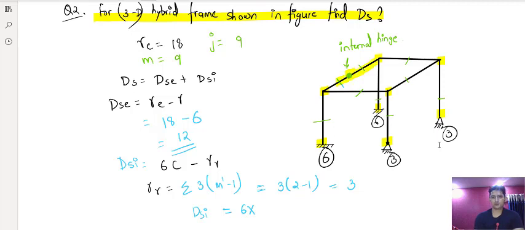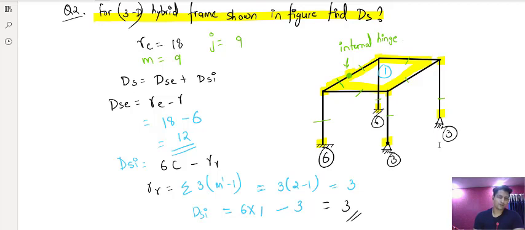Here this is the closed loop, so the number of closed loops is 1. So C is 1, minus RR, which is 3. So the value of DSI becomes 6 minus 3, which is 3.